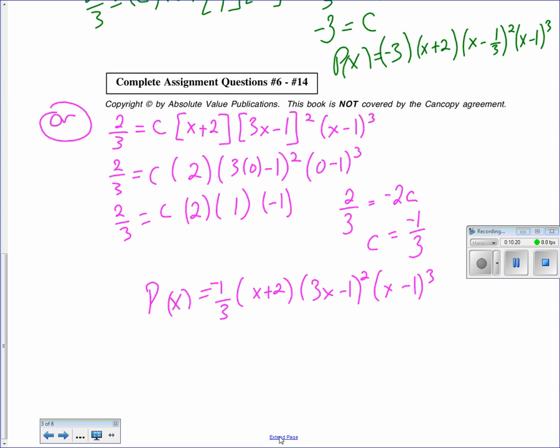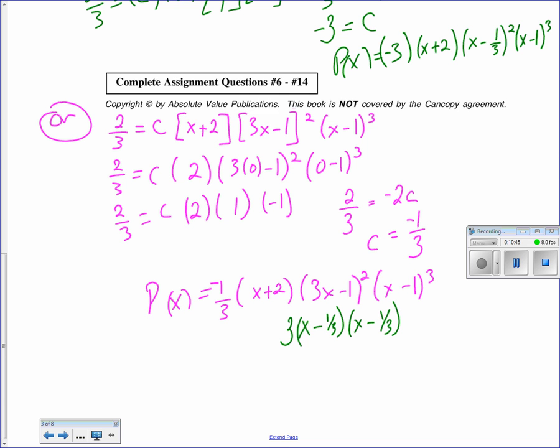What did my answer do? My answer took 3x minus 1 and had it rewritten. It took 3x minus 1 and it converted it into this form. I had x minus 1/3, x minus 1/3 written twice. Well, how do I get x minus 1/3 from 3x minus 1?